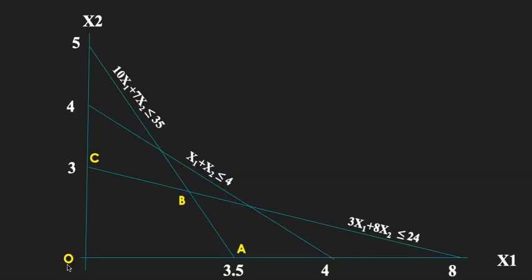Now when I talk about point C, here x1 is 0 and x2 is 3. So we write down x1 as 0 and x2 as 3 in the table, and then calculate max z.